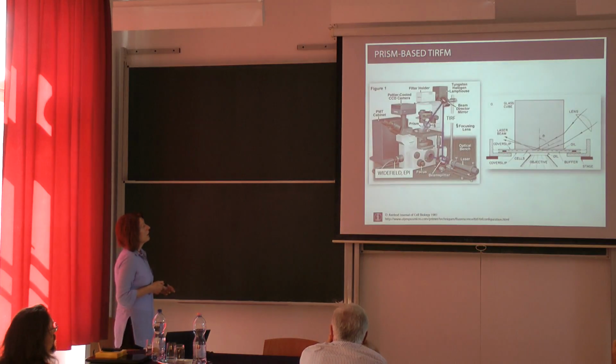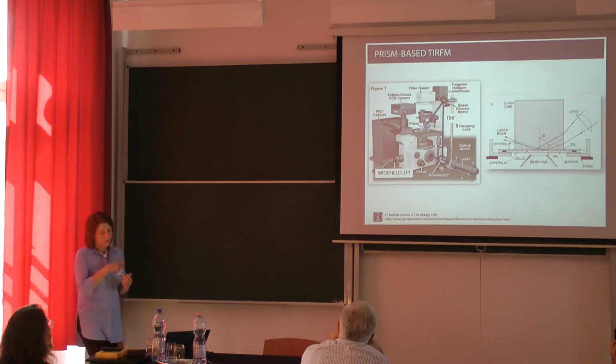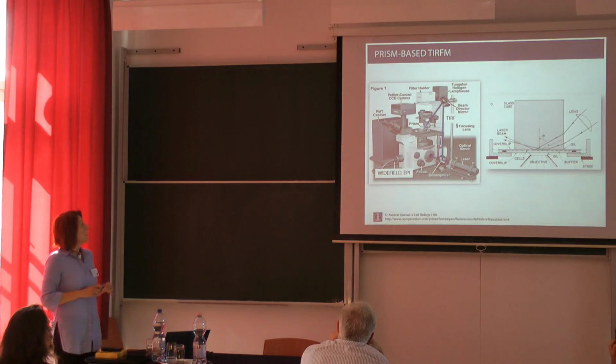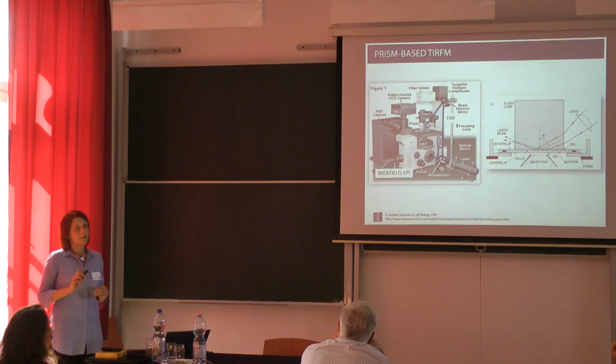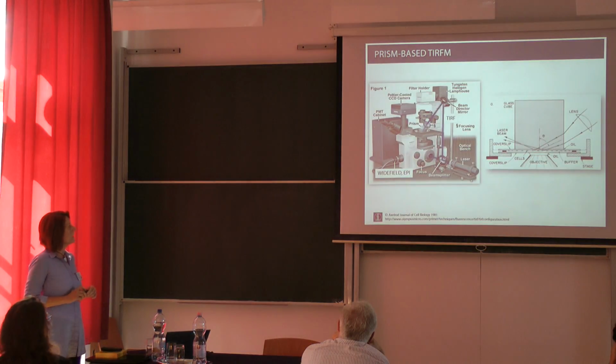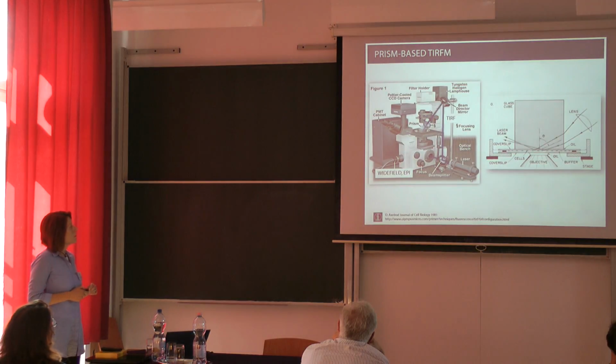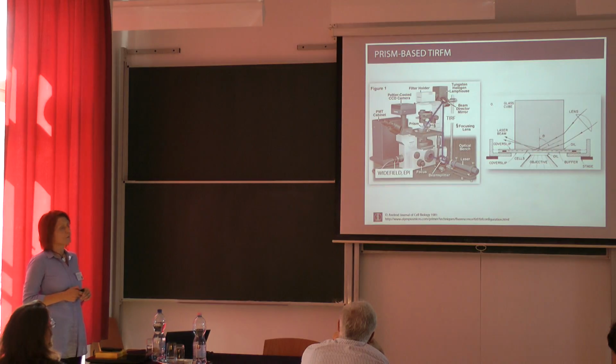Regarding the optics, the first solution to achieve the supercritical illumination was based on a prism. So the first TIRF systems were prism-based TIRF systems, as one of the solutions can be seen in this figure.